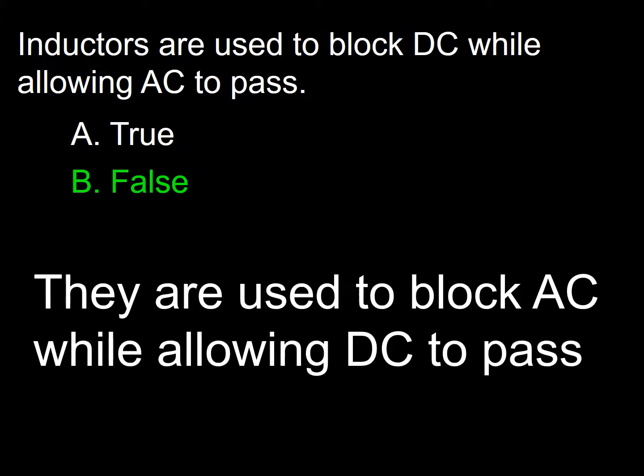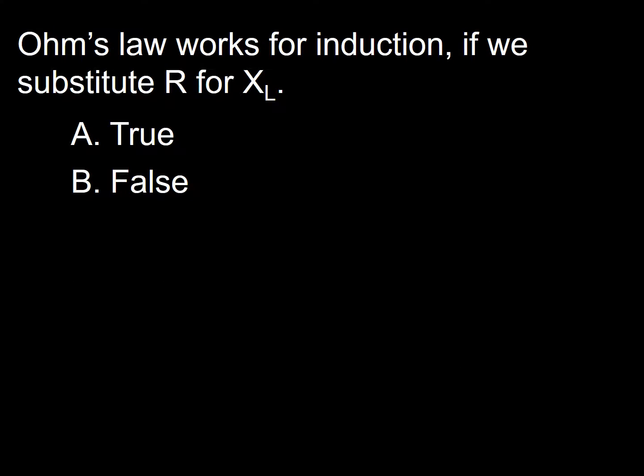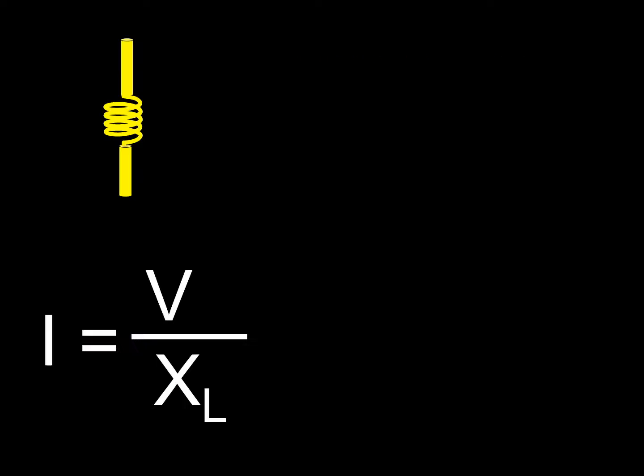Inductors are used to block alternating current while allowing direct current to pass. Next question. Ohm's law works for induction if we substitute R for XL. True or false? This frame shows current in relation to other factors.